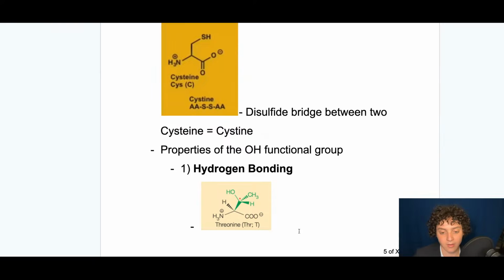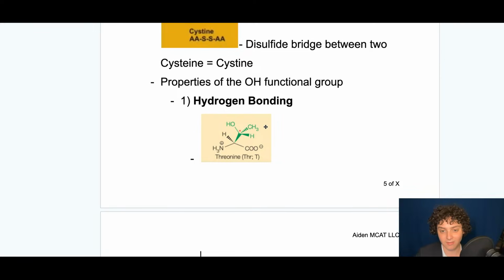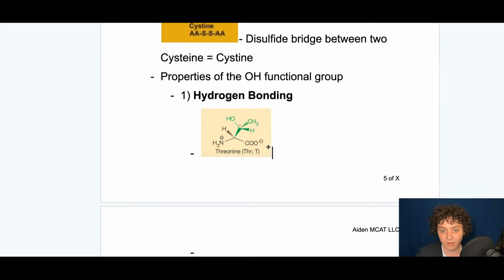Since that OH has an oxygen bound to a hydrogen, it is going to be capable of hydrogen bonding, which is an interaction that water molecules perform between each other, and that a threonine molecule, due to its R group, can perform with another threonine molecule or any other molecule with an OH, FH, or NH functional group.